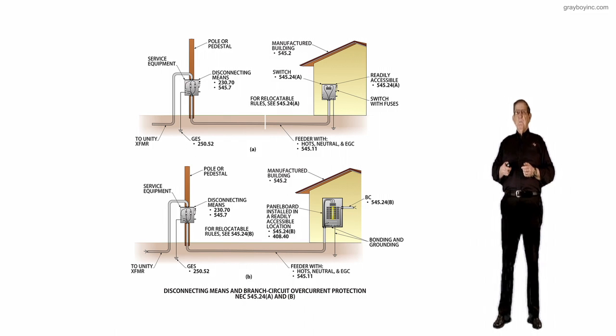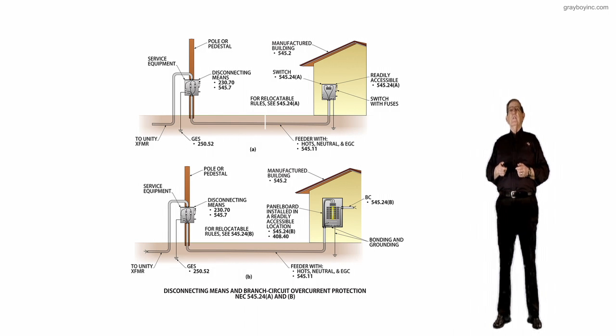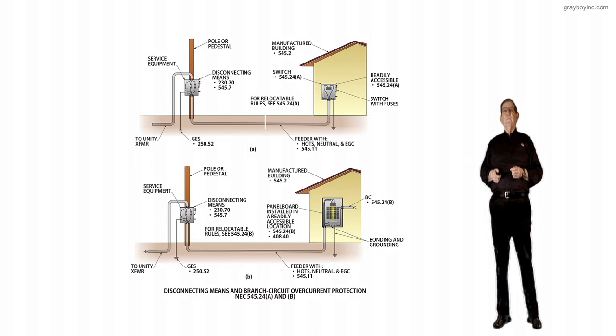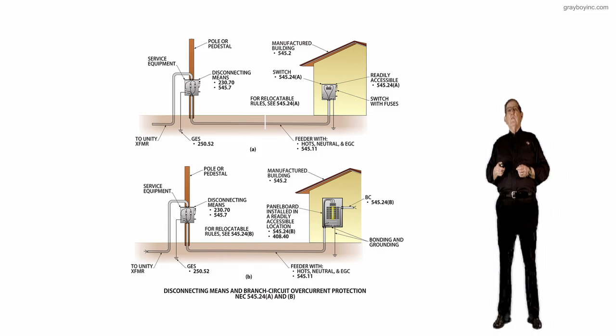IMC. If it's PVC, then we do have the equipment ground, and it's based on the size of the fuses. For example, if we had 225 amp fuses and 4/0 conductors run over to this building, then we would reference table 250.122 because we have an overcurrent device here, fuses ahead of these conductors.